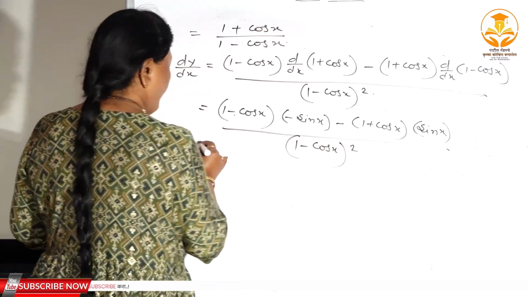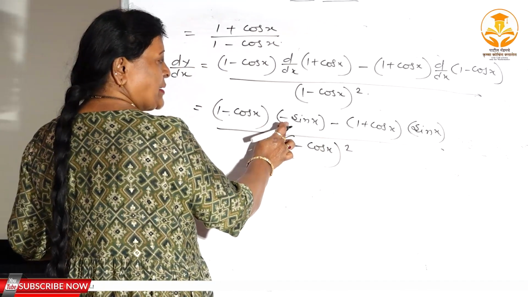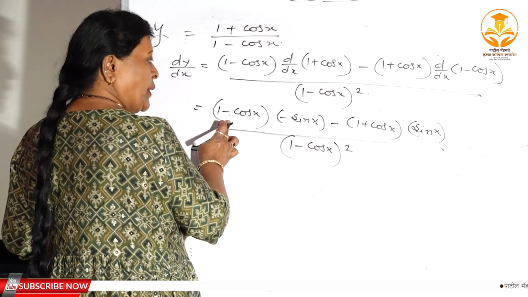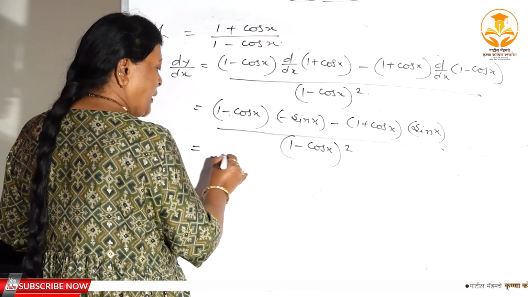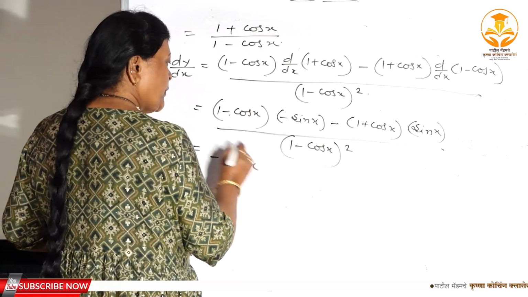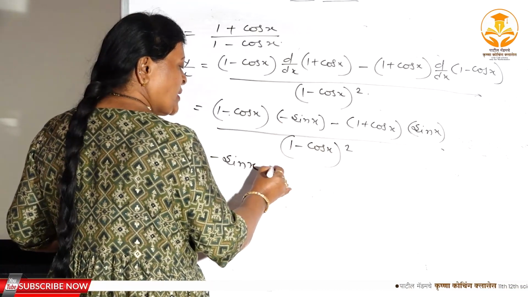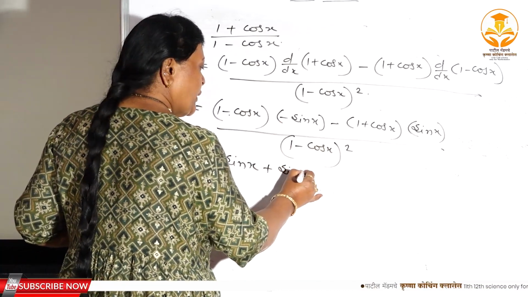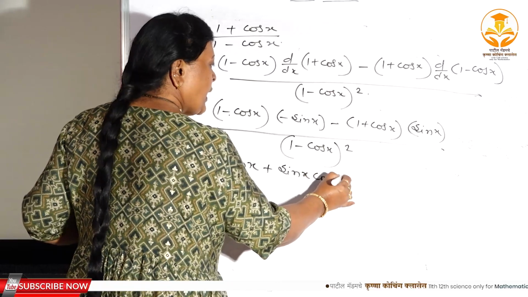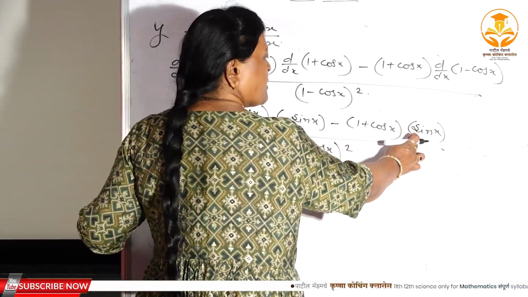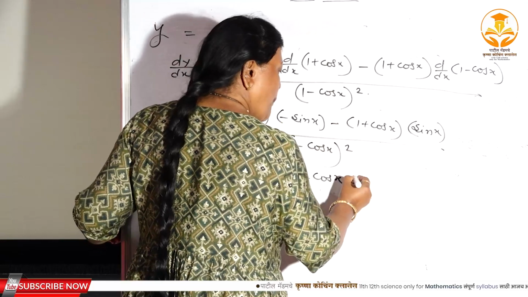Say, you can multiply with minus sin x to this bracket and open the bracket. Minus sin x into 1, minus sin x. This minus minus plus sin x into what here? Cos x. Again, multiply with sin x to this bracket and open the bracket.